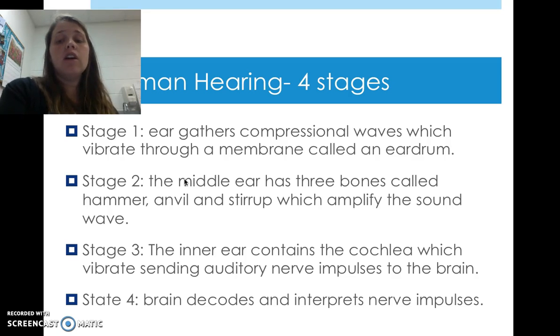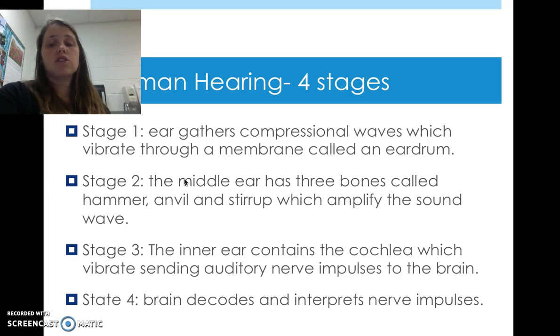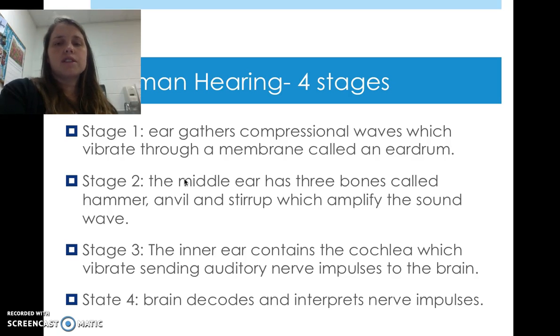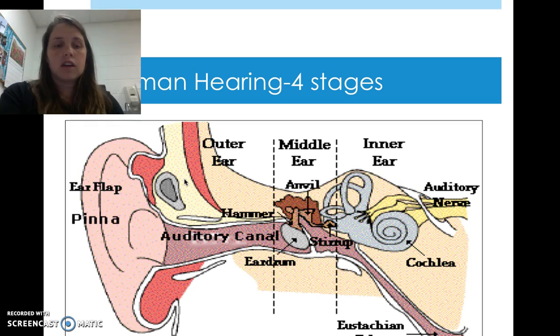Then the inner ear, which contains the cochlea, vibrates and sends auditory nerve impulses. So again, we're back to the nerves of the brain. And now the brain is able to decode those auditory nerve impulses and process. Stage 4 is the brain decoding and interpreting that nerve impulse.